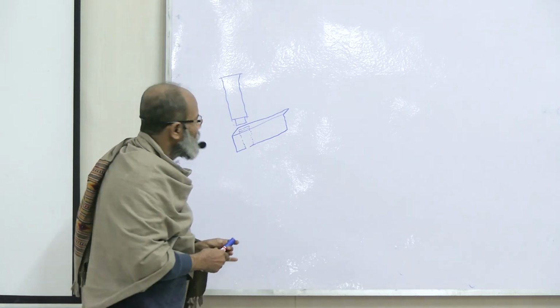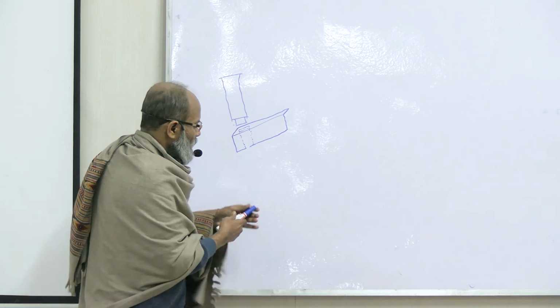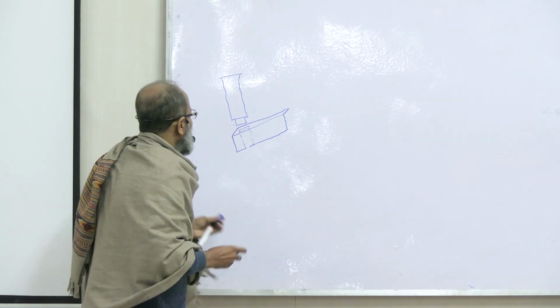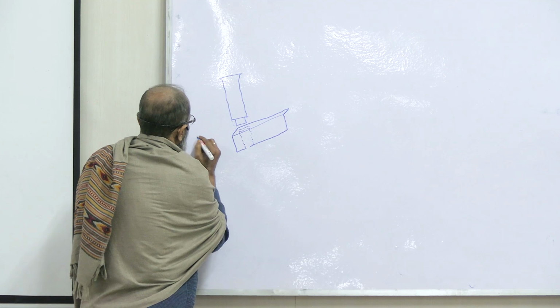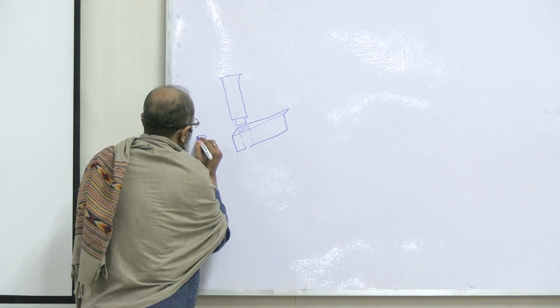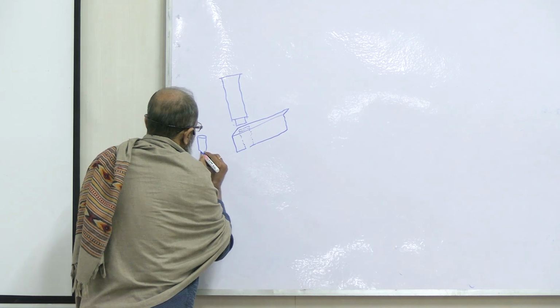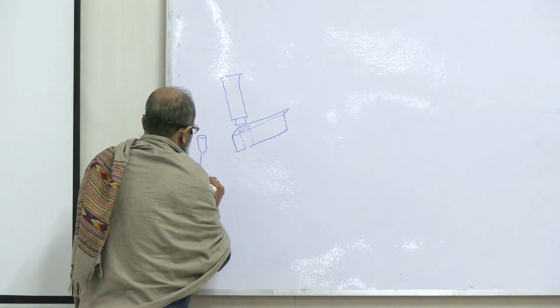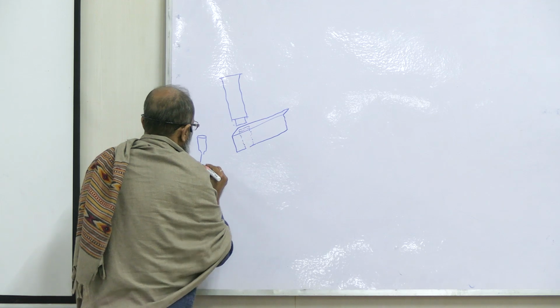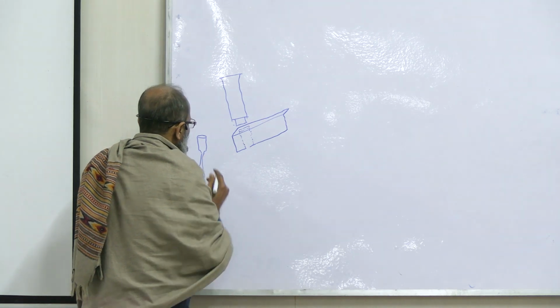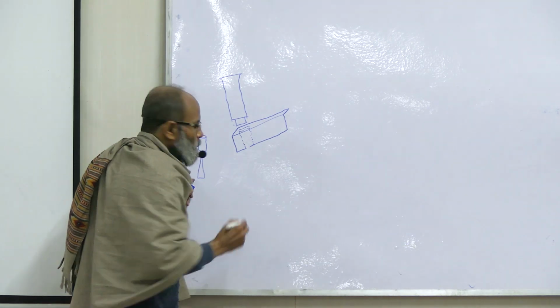All right. Now this is by flat chiseling and this is by narrow chiseling. The chisel is like this.